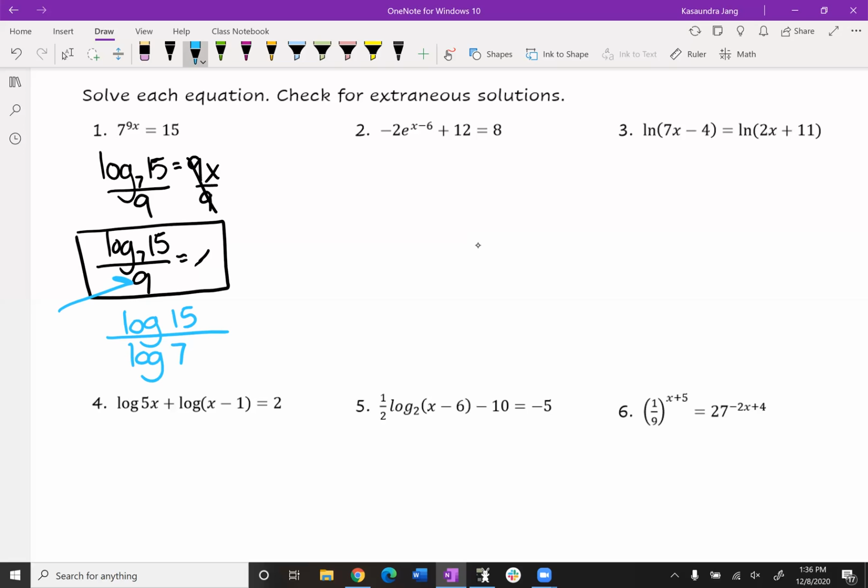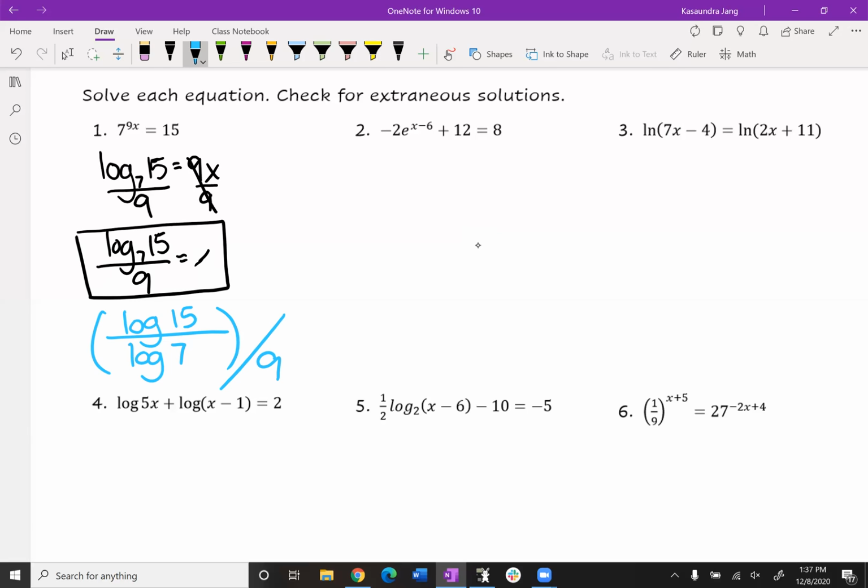I haven't done anything with the 9 yet though. So Jacob, where does that 9 go? Oh, okay, in the denominator like this? No, you put the log 15 and log 7 in parentheses, and you put that all over 9. Oh, so that whole thing is divided by 9? Okay, so you were telling me pretty much the same thing, just in a different way.